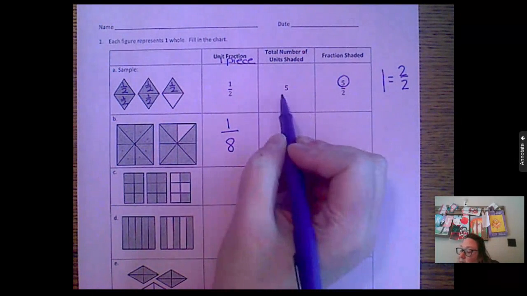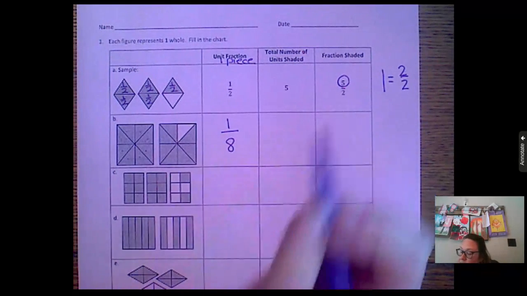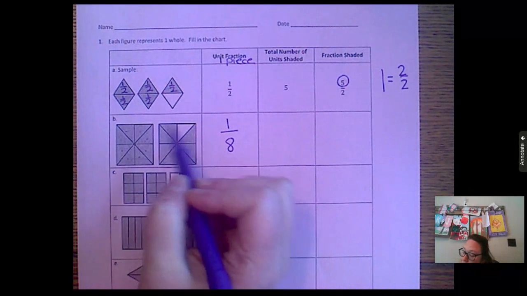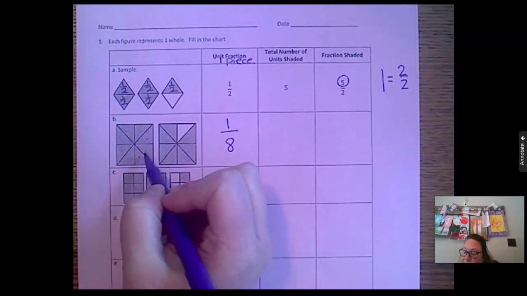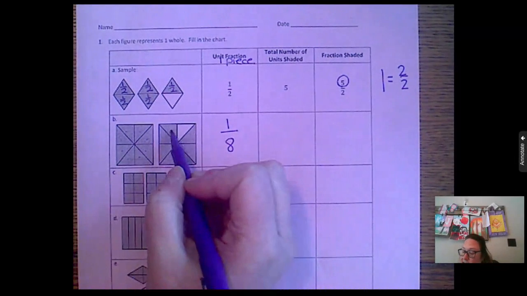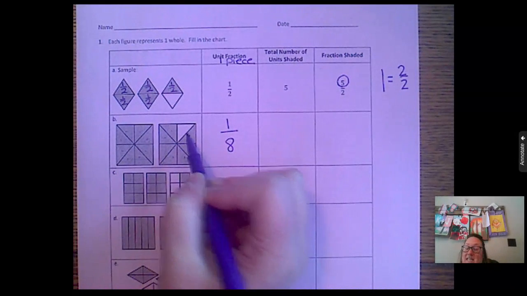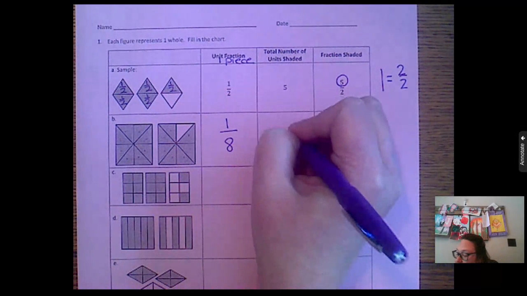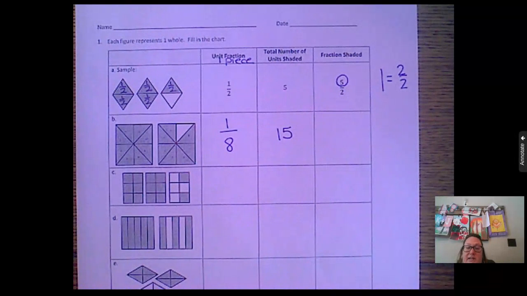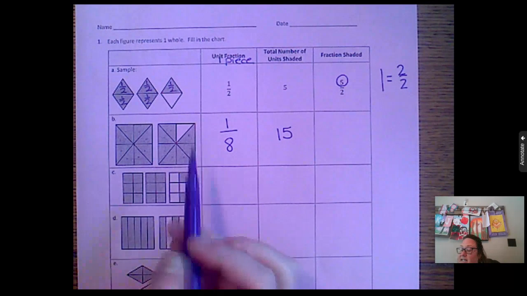So the next part is how many parts are shaded. If I look, there's 1, 2, 3, 4, 5, 6, 7, 8, 9, 10, 11, 12, 13, 14, 15. There are 15 pieces that are shaded. And each piece is 1/8.